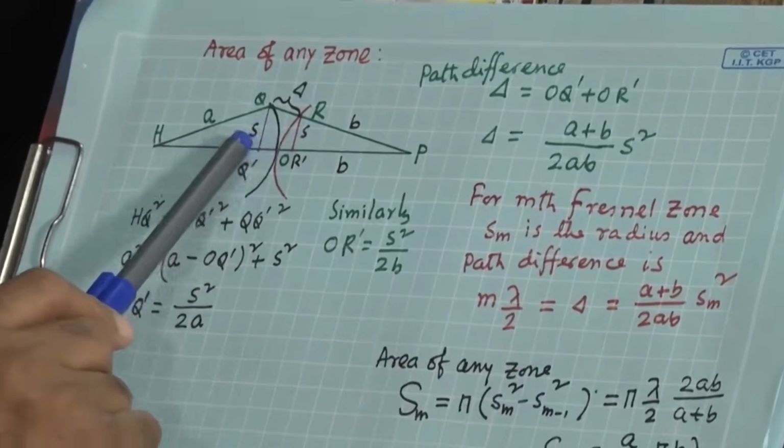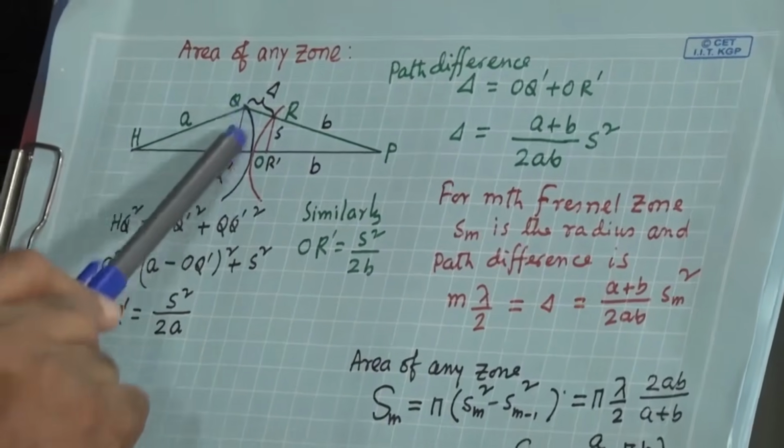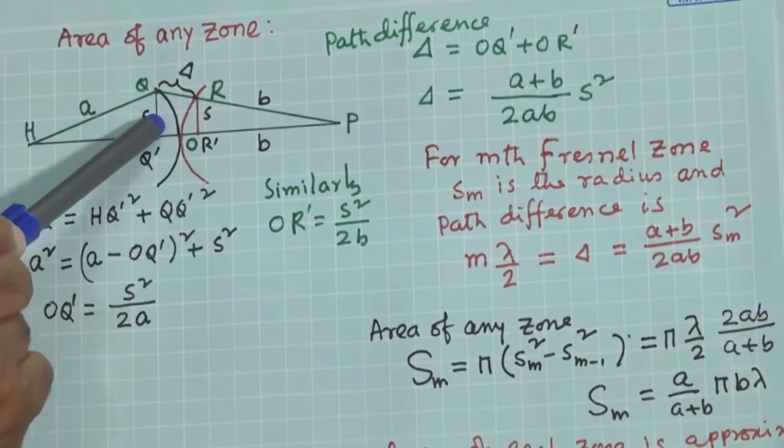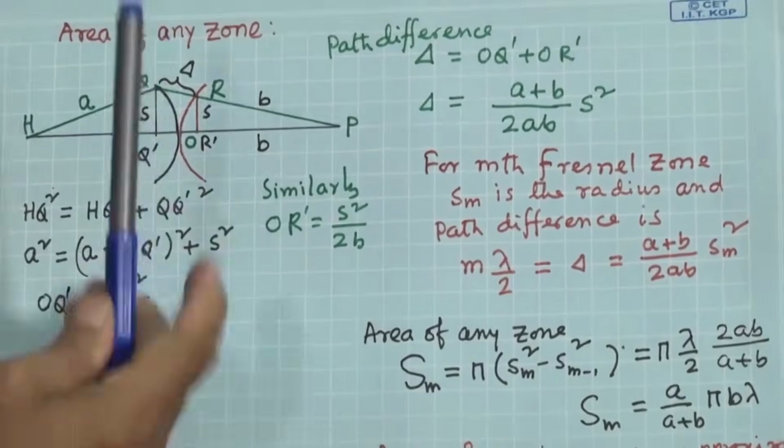S is basically the radius of the circle on the wavefront.